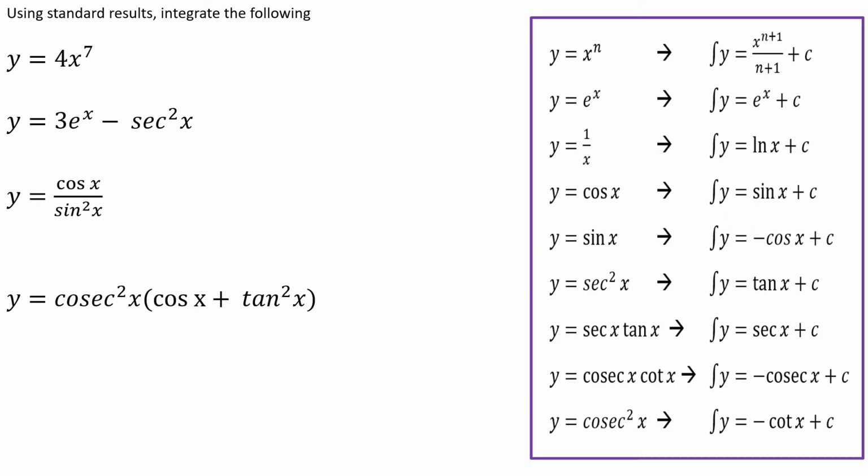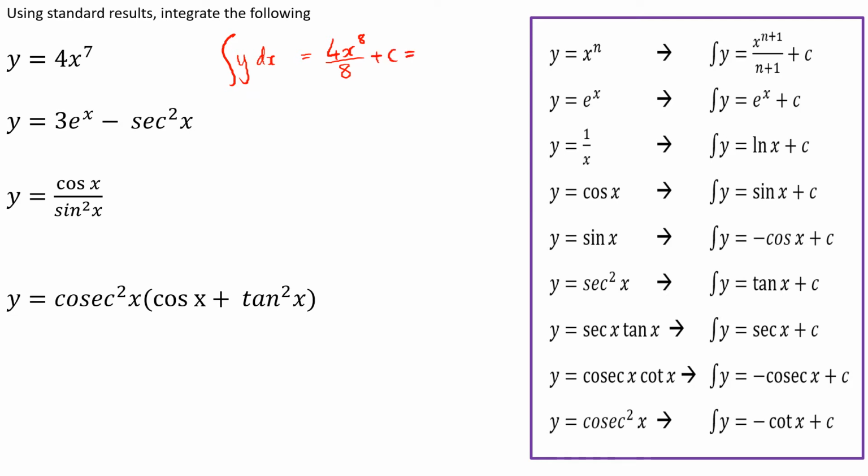So let's look at applying some of those standard results, and this is more a case of just looking up the right thing from the table. So the first thing we've got is 4x to the 7, and that's something that we already do know how to integrate. That's just x to a power, so we can just increase the power. So this would go up to 4x to the 8, and then we divide by that new power, and don't forget the plus c.